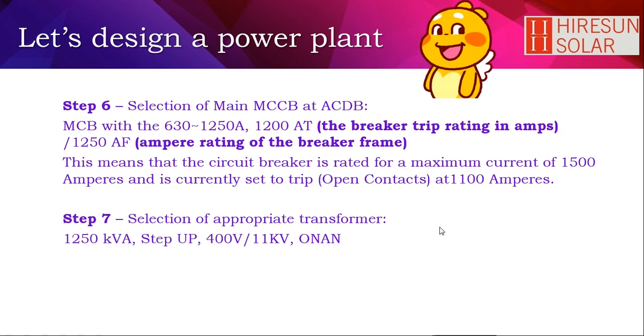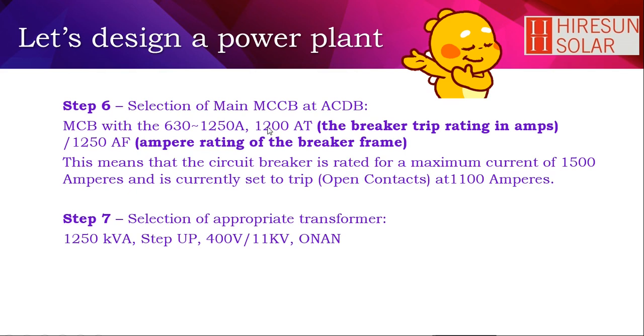Now the selection of the main MCCB for our main distribution box, the ACDB, the AC distribution box. The typical rating is 1280, the breaker trip rating in amperes, with 1250 AF, that is the ampere rating of the breaker frame.